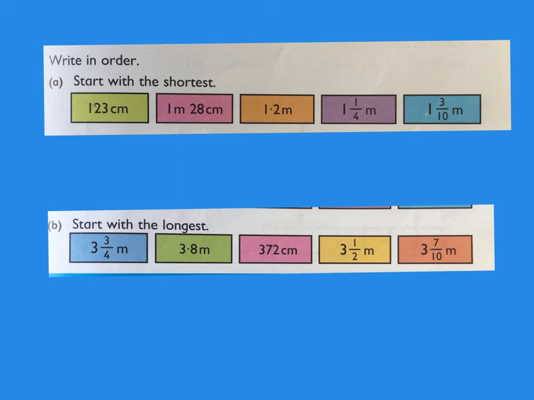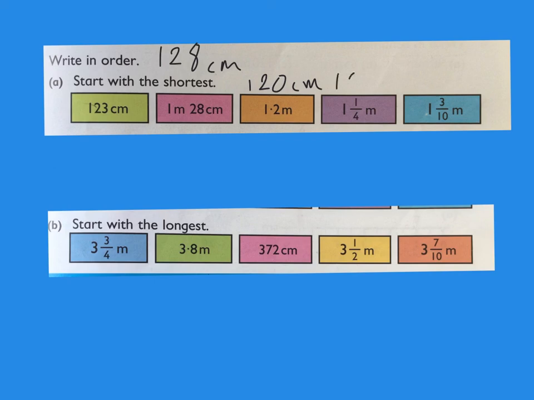So the first one is 123. So the next one I can convert into centimetres only. So 1 metre 28 is 128 centimetres. The next one, 1.2 metres. So 1/10 is 10 centimetres, 2/10 is 20. So this one is 120 centimetres. 1 1/4 metres. So a quarter of a metre is 25 centimetres.